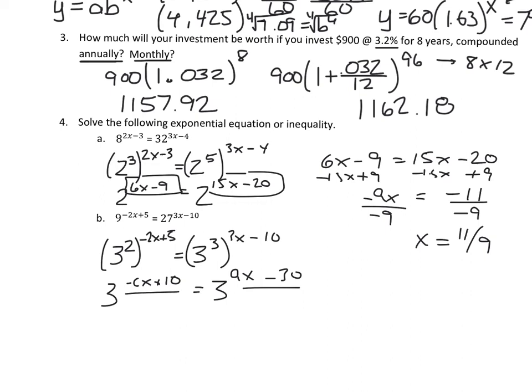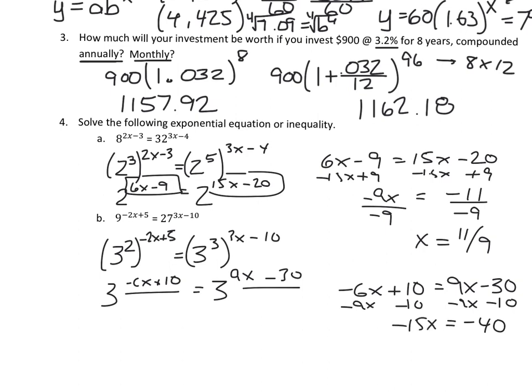And again, set these equal. So set negative 6x plus 10 equal to 9x minus 30. I can subtract 10 from both sides. Subtract 9x from both sides. And divide, so x would equal 40/15.